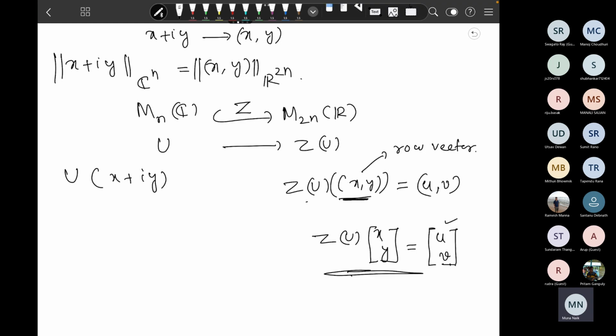We do not write it in column form because writing it is cumbersome, but when you write it in row form, you understand what I am doing.